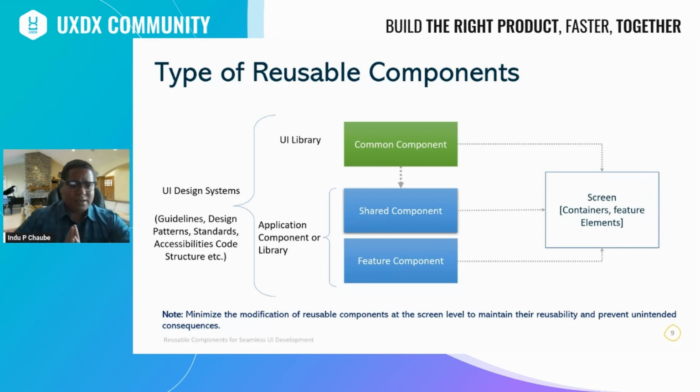So what I assume throughout my developer journey is do not nest too much, minimize the modification of reusable components at the screen level. Do not chain a lot. At the same time, do not modify these components at the screen level.